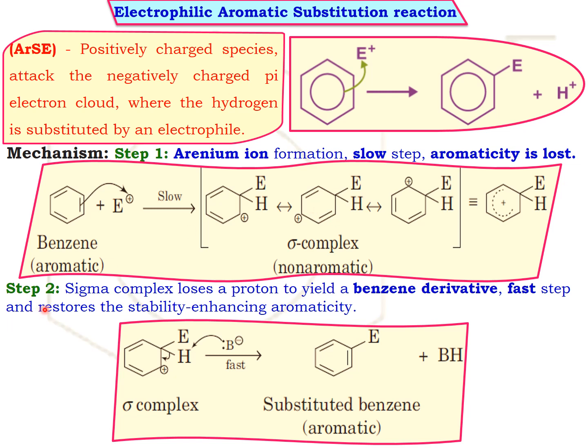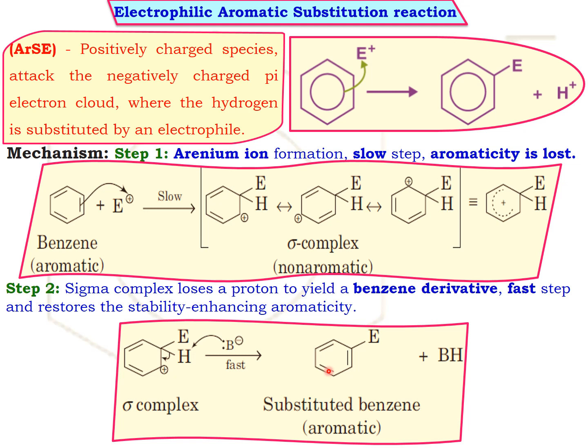When coming to the second step, the sigma complex loses a proton which can be abstracted by a base, and it leads to the formation of a substituted benzene.